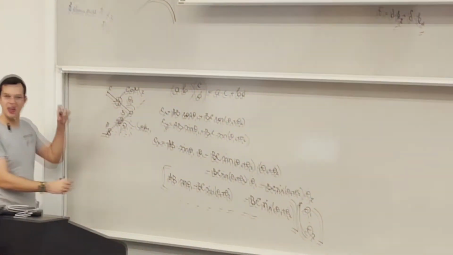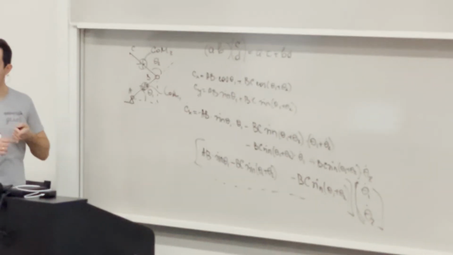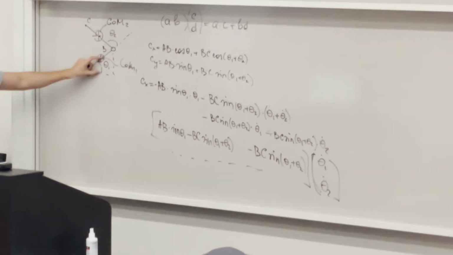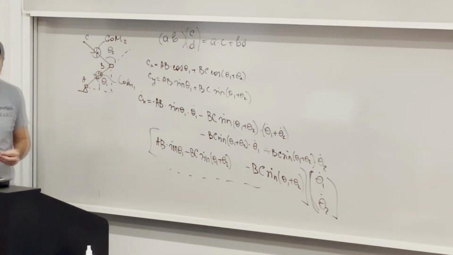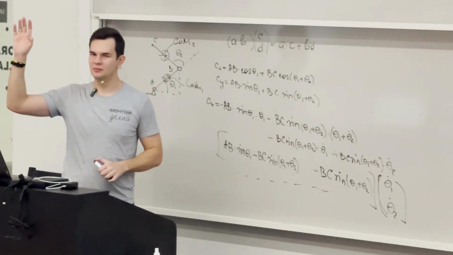The y component will be the h, the height. Potential energy is mgh, so this will be the h. Okay? Now, is it clear? Raise a hand. Great.